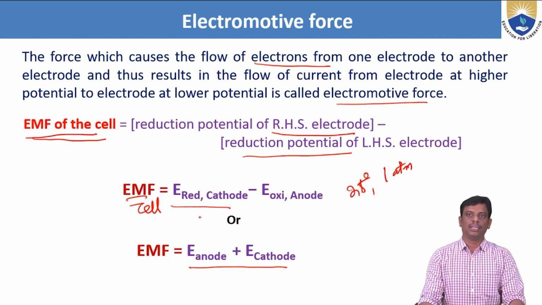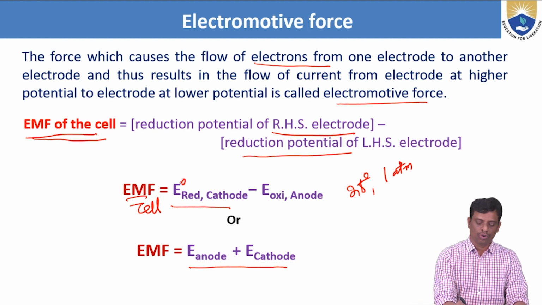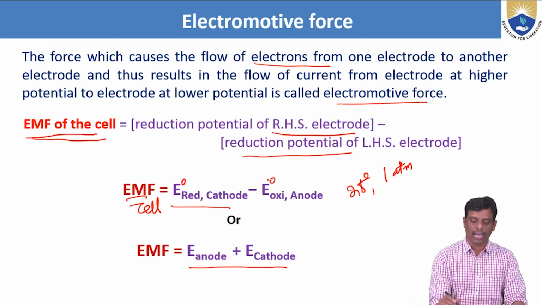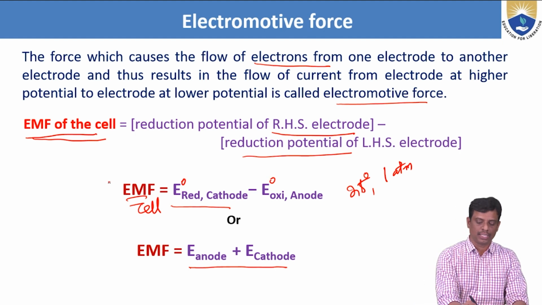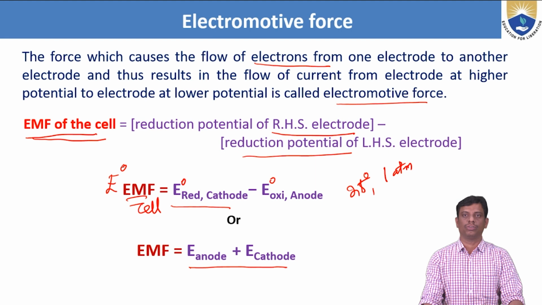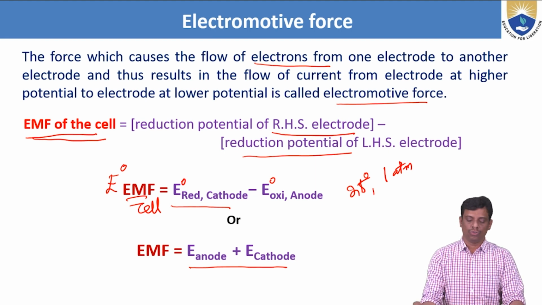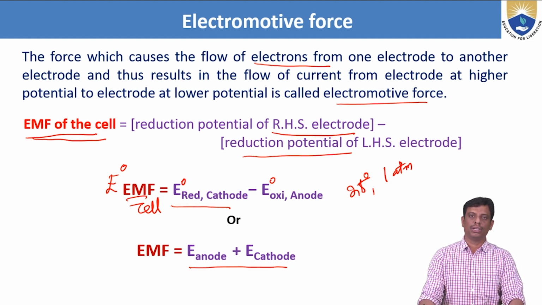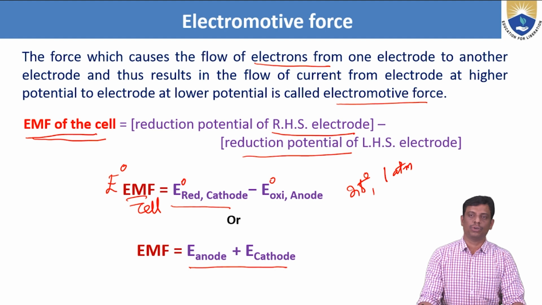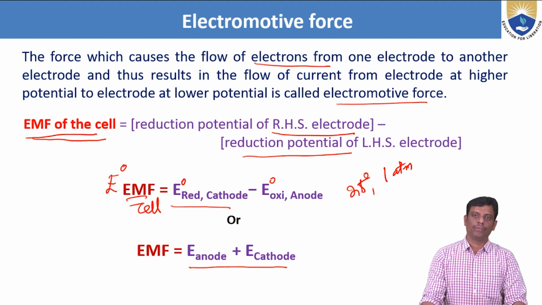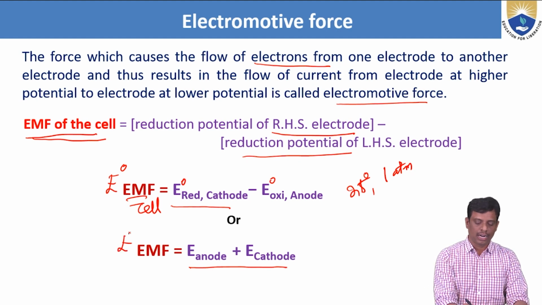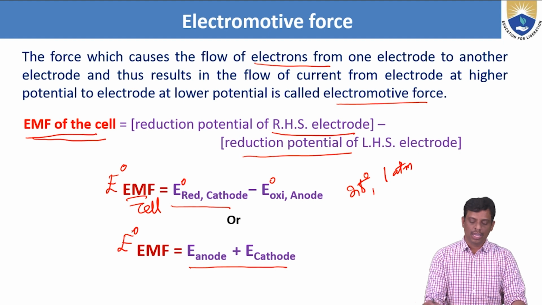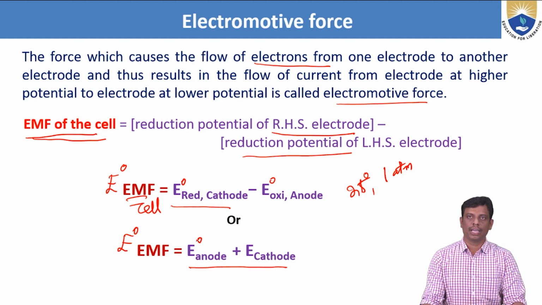Simply, we write E naught cathode minus E naught anode. The standard EMF can also be measured using the same formula: E naught EMF equals E naught reduction potential minus E naught oxidation potential, that is E naught cathode minus E naught anode. Or we can simplify this equation: the standard EMF of the cell equals E naught anode plus E naught cathode. This is the electromotive force.